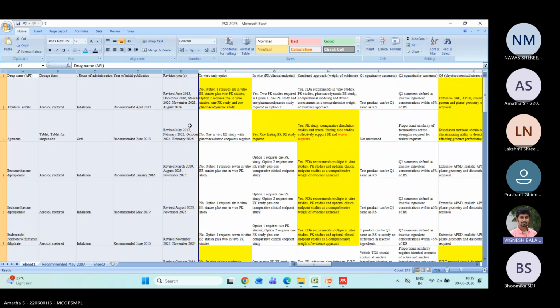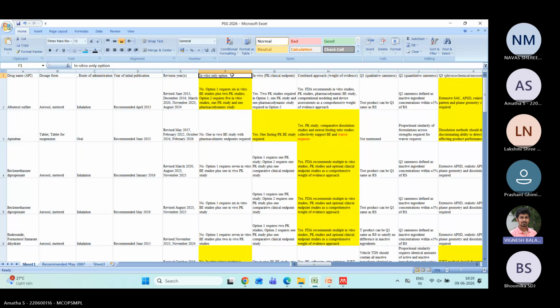You can choose first author name. Then type of article, like maybe some people use only research articles, then it is not needed. Some people will use all research and review, then you can choose that also. Everything you can choose. So here this was a guideline systematic review. So I chose drug name, their dosage form, then the route of administration, then which year the guideline was first published, then later which year it was. So this is nothing related to your topic.